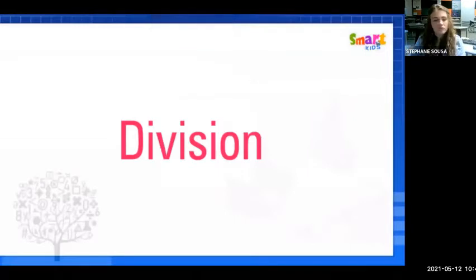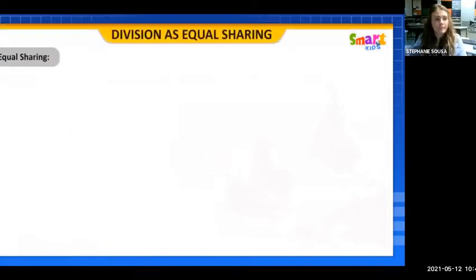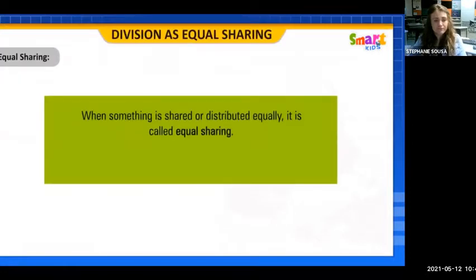Division. Division as equal sharing. Children, in today's topic, we learned that division is nothing but equal sharing. When something is shared or distributed equally, it is called equal sharing. Now, we find the relation between division and equal sharing.